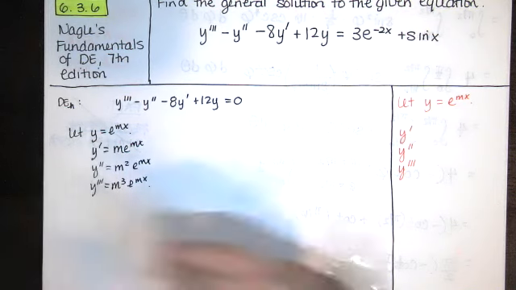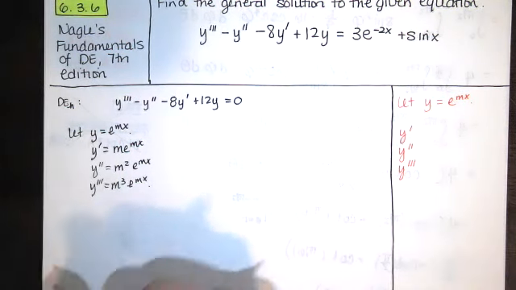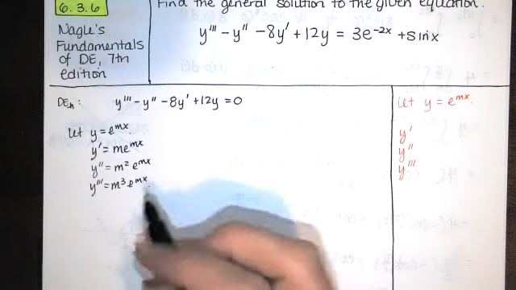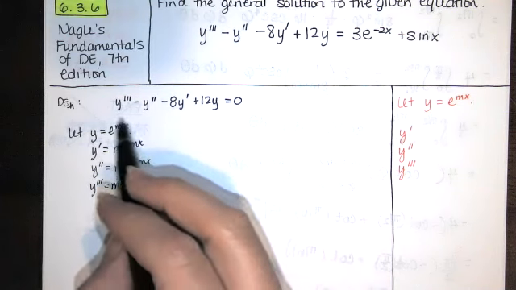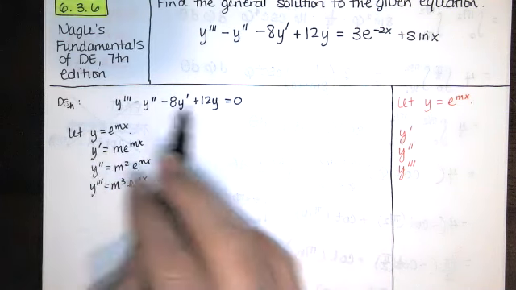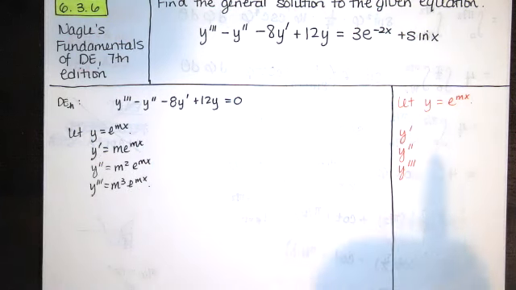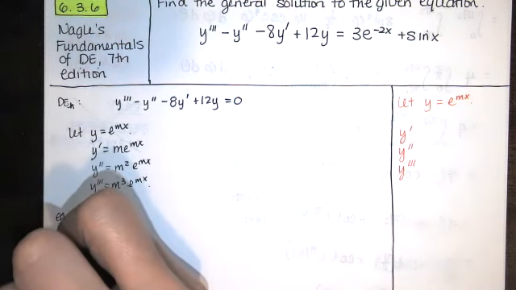And we're assuming that y equals e to the mx is a solution of this differential equation. If this is a solution, then we should be able to substitute all of these functions into this equation and we would get something that is true. So let's substitute.